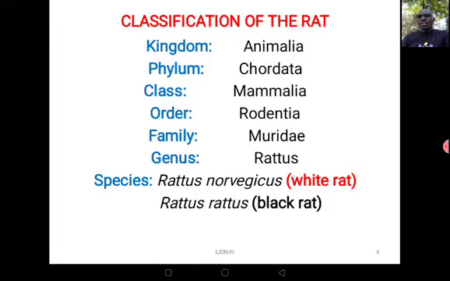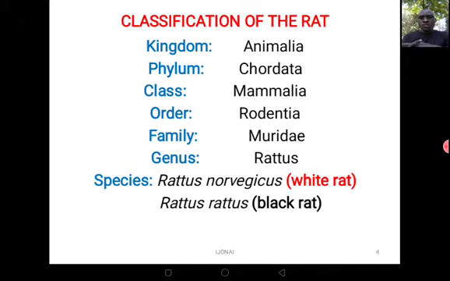So let's start with the classification of the rat. Every living organism, of course, can be classified into the different taxa that we use in classification, thanks to Carolus Linnaeus and other scientists who developed the binomial nomenclature, but also contributed to taxonomy.